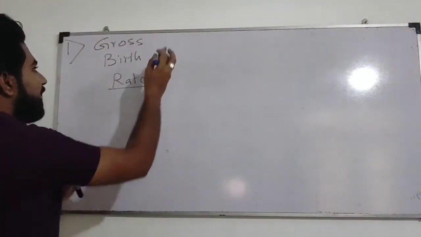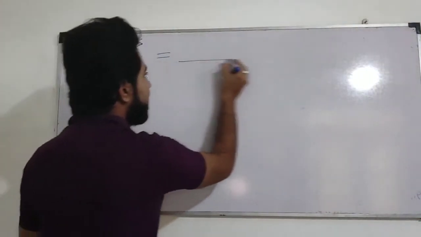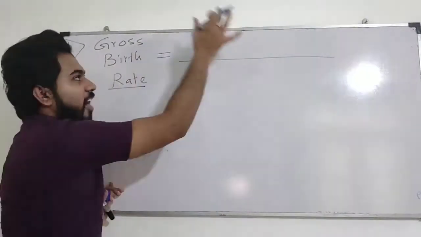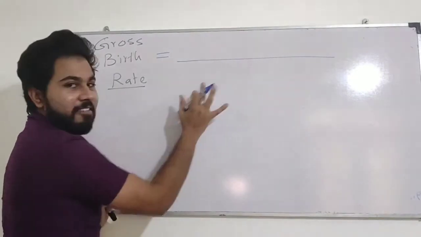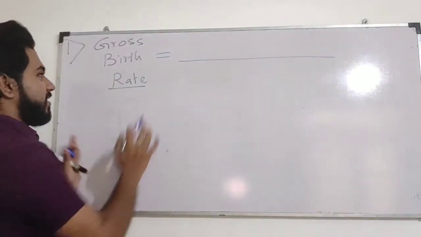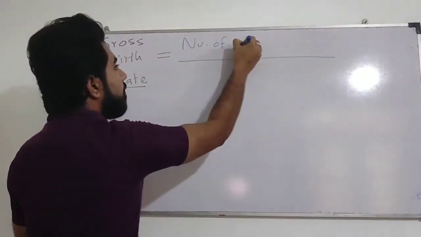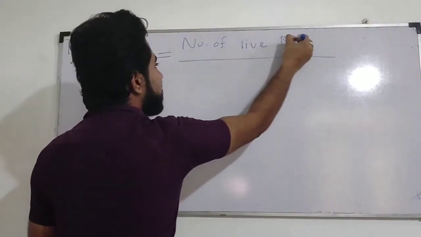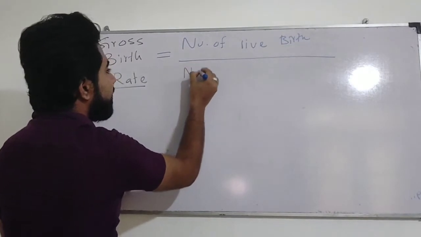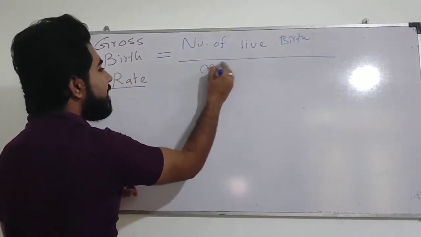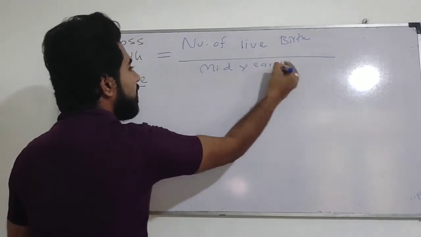Gross birth rate can also be calculated by dividing something by something. It is not the tree and flower. It is something like this. So number of live births divided by the mid-year population.